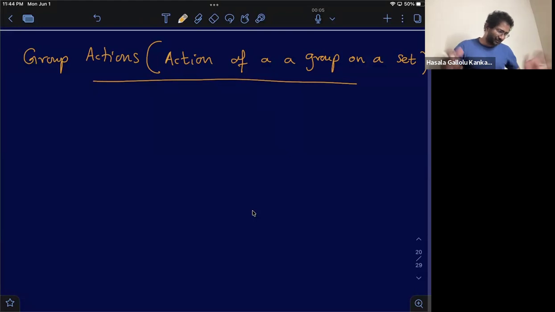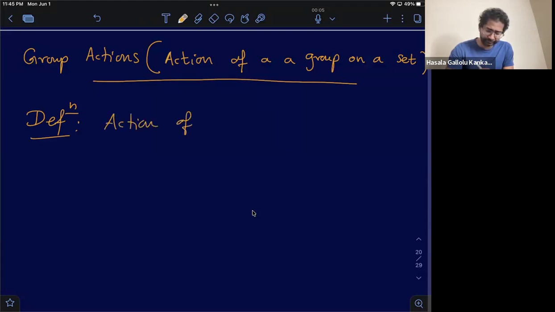So first of all, let me define this concept of the action of a group. Definition: the action of a group is defined as a function.